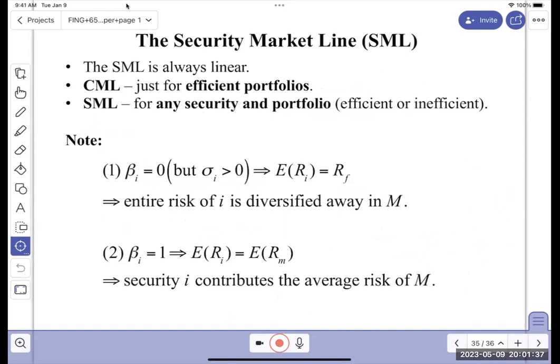So the SML is always a line, it's always linear. The capital market line was just for efficient portfolios, but the security market line is for any security and portfolio, efficient or inefficient.